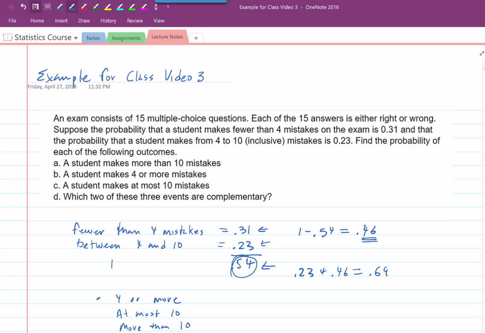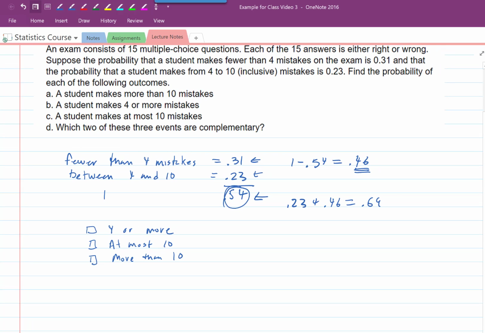Again, the question was which of these probabilities are complementary. The answer would have to be more than just one answer. These two are complementary because these two account for all the probability in the question.